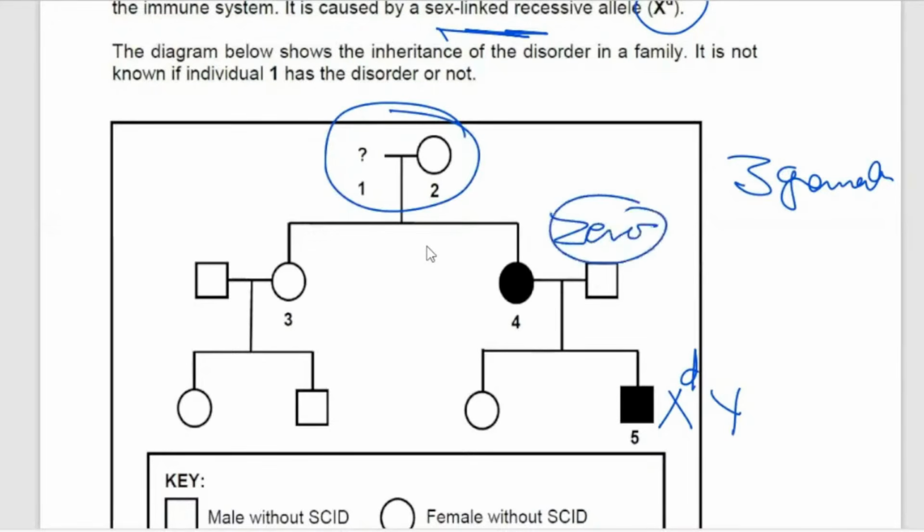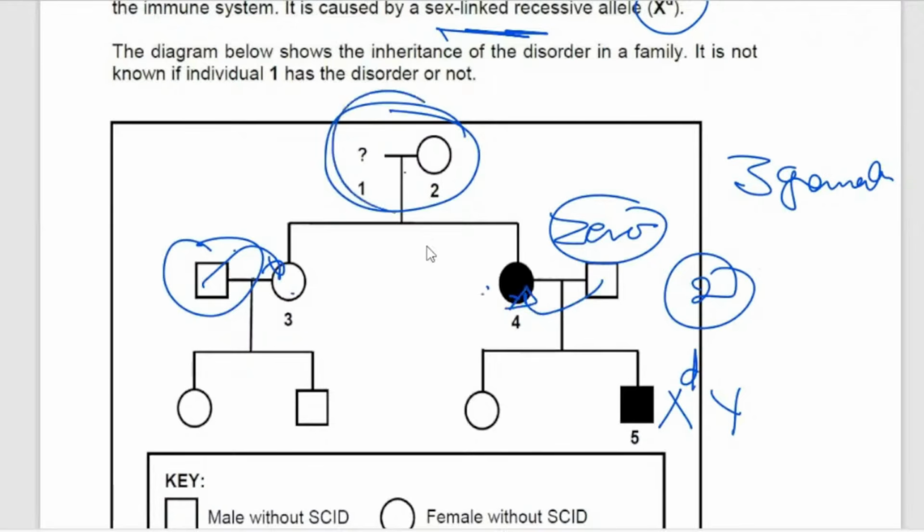How many kids are of 1 and 2? 2. Remember that this one is not a kid of this, he just came and married this daughter. And this one came and married that daughter. Therefore, there are 2 kids coming from these 2. Is it clear? You see that this thing is not linking down. Is it clear? Yes.